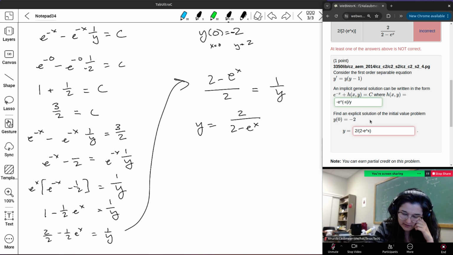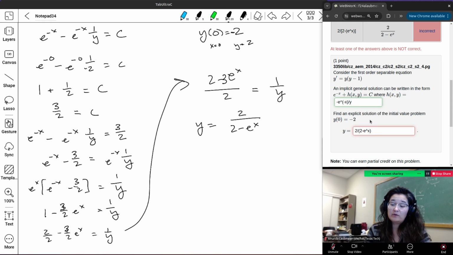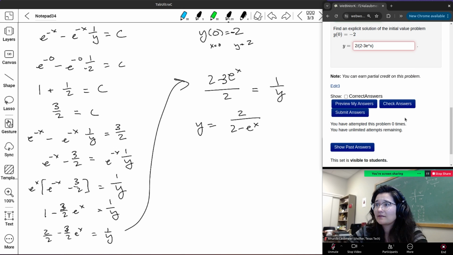It's here. It becomes the 3. You know, I'm going to stop erasing it. I'm just going to write the 3 over it because that makes me real slow. So it just became 2 minus 3 e to the x. Let's see if that fixes it.